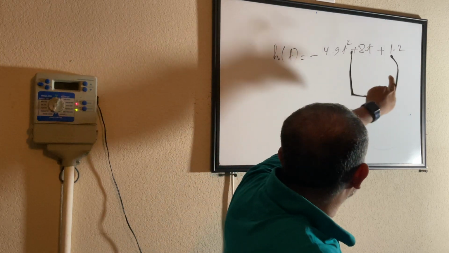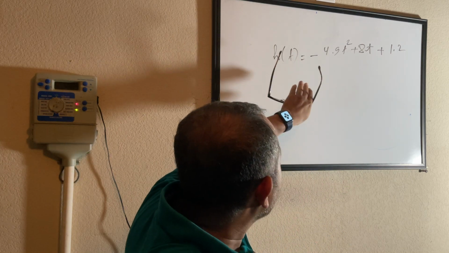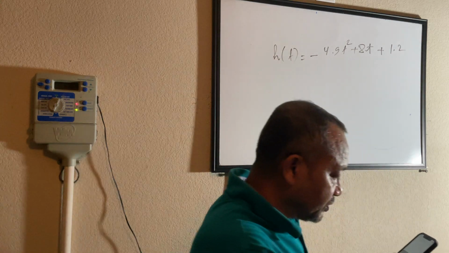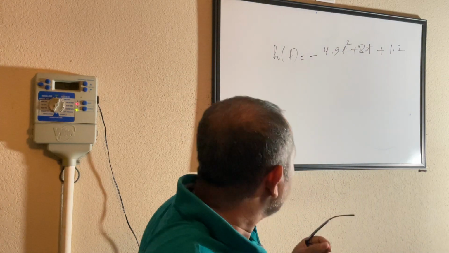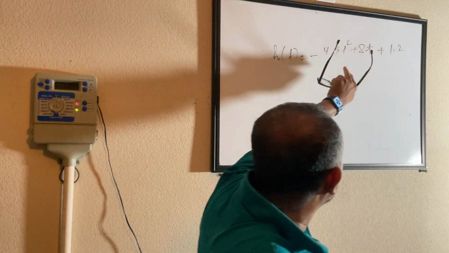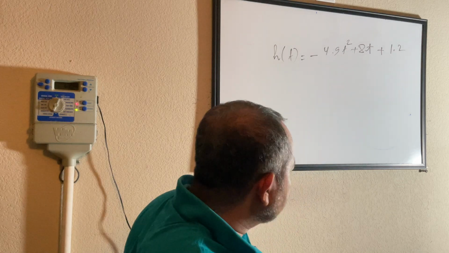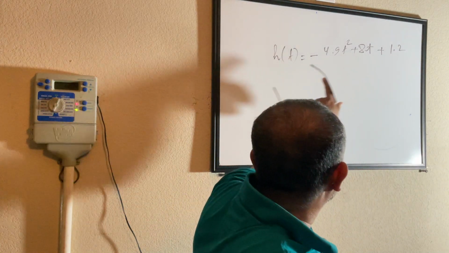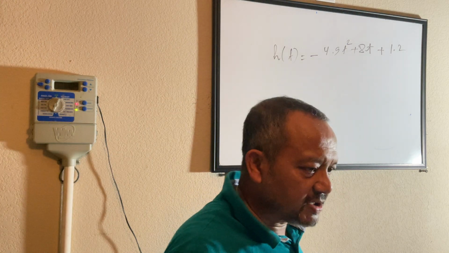So this is the equation h of t equals minus 4.9 t squared plus 8t plus 1.2. It models the height as a function of t for the basketball thrown straight up in the air.